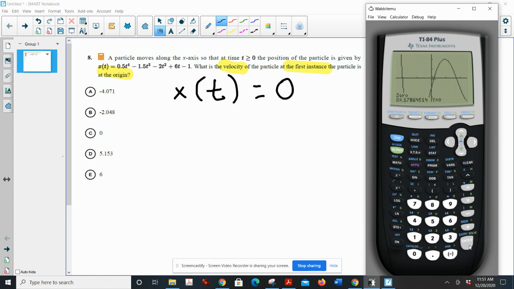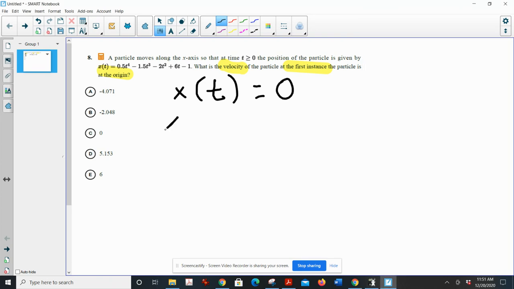And it's going to give you x equals, and I'm going to write that whole thing out, 0.178645514. Okay, so what that represents is actually t.